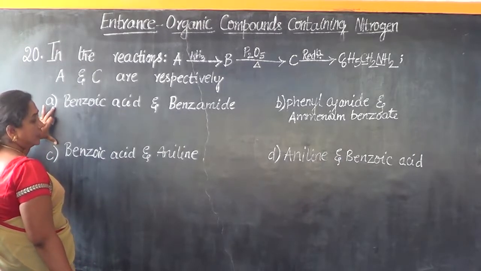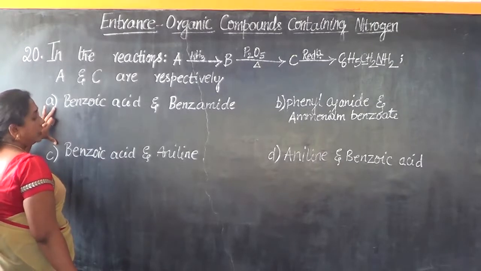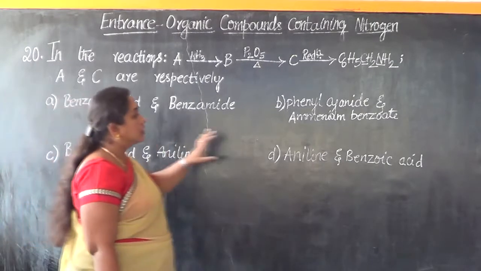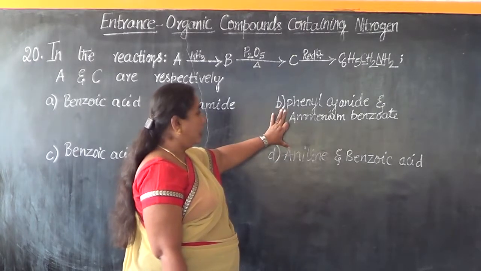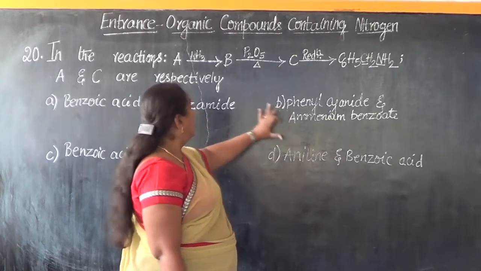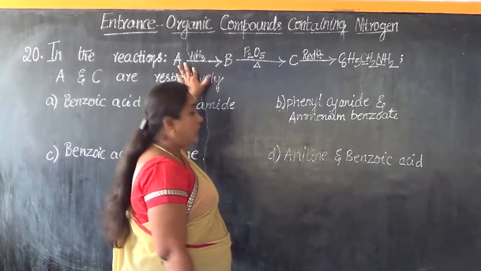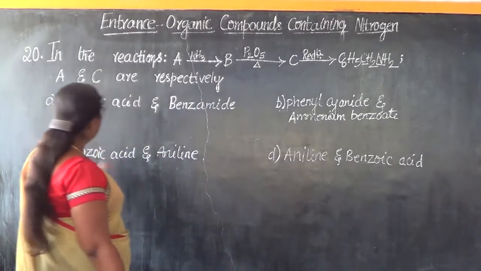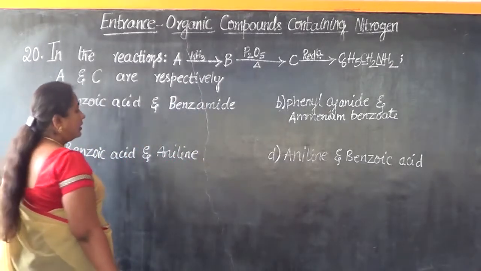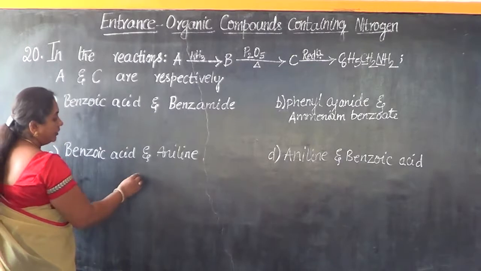Is it benzoic acid and benzamide or is it benzoic acid and aniline? Because these two constituents, A, phenyl cyanide or aniline, they will not add with ammonia. So that's the clue for us. So these two are to be omitted. 50-50% now, the A and C. Let's look into that by completing the equation.